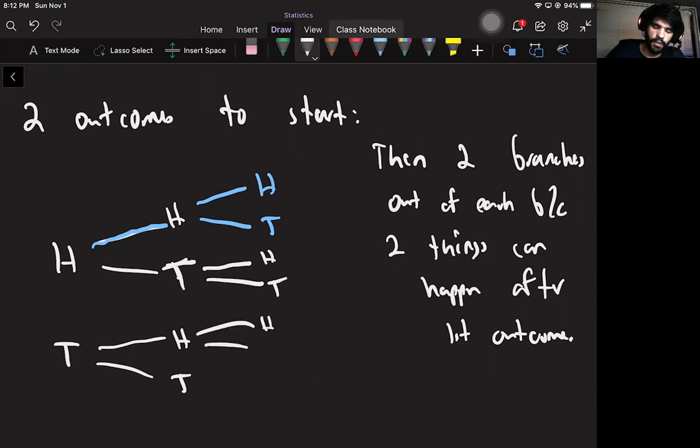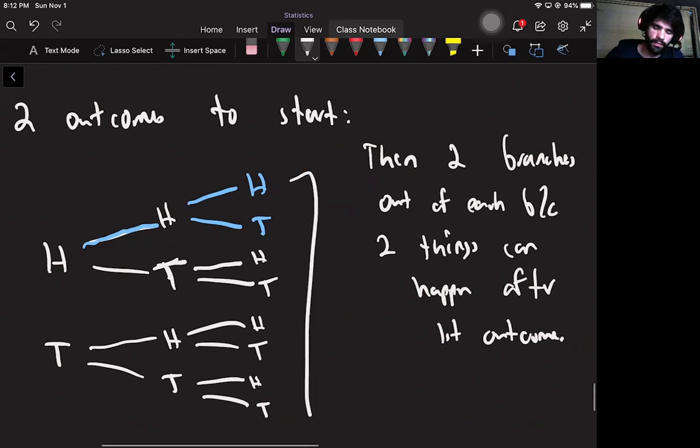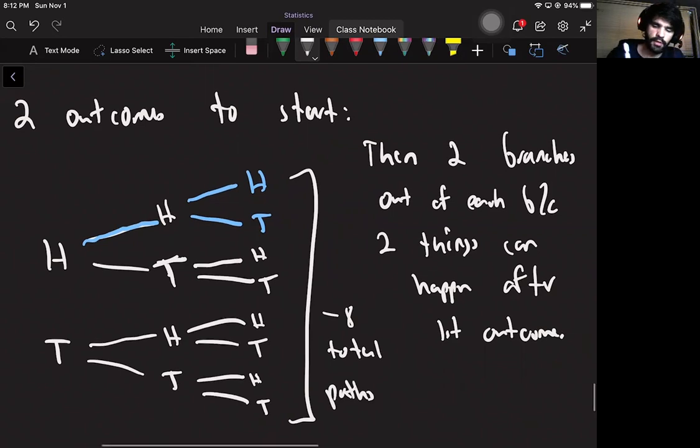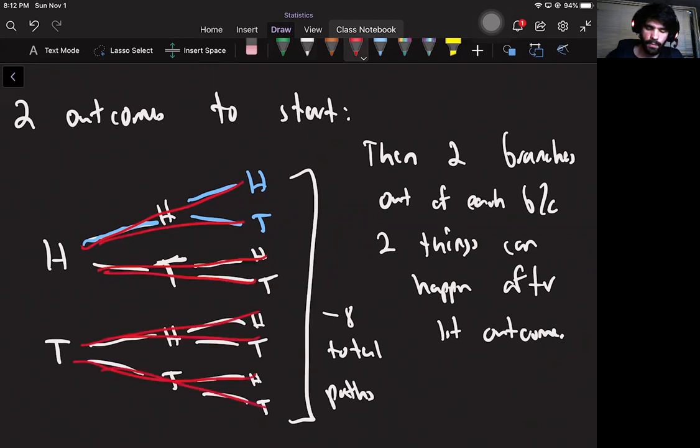You just get 2 more branches out of each. And then you'll notice that in the end, there's 8 total paths. Or you could just think of them as 8 total branches from beginning to end. 1, 2, 3, 4, 5, 6, 7, 8.